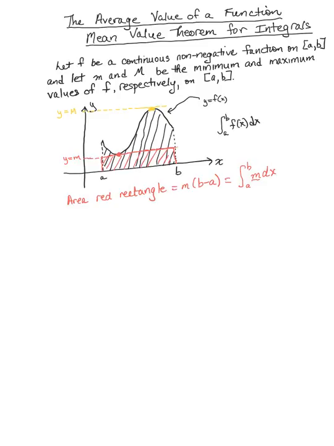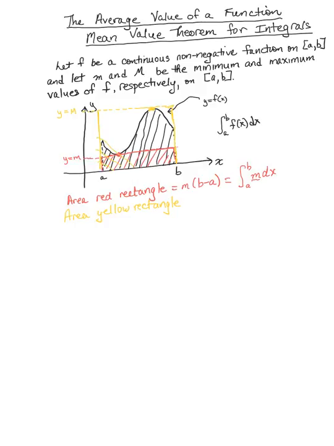Okay, now let's take a look at the area of the yellow rectangle formed at the maximum. So I'm going to try to outline that rectangle here. And that area is this one.